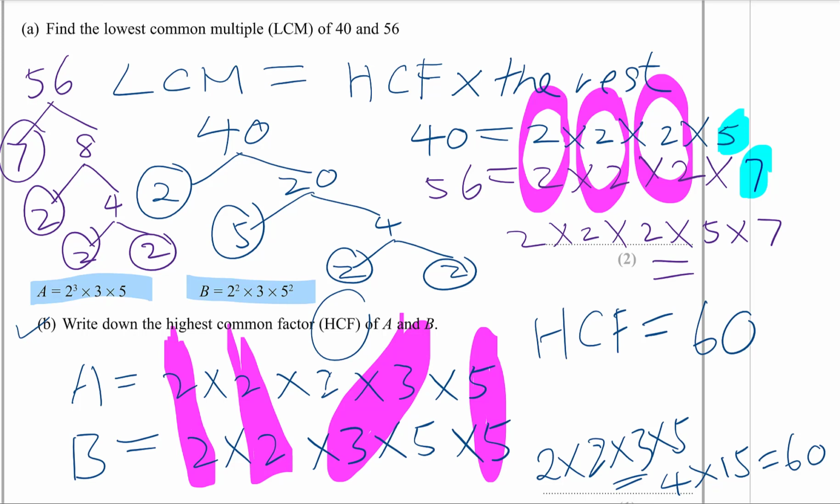If you put all of that in your calculator, 2 times 2 times 2 is 8, 8 times 5 is 40, 40 times 7 is 280. So 280 is the LCM of 40 and 56.